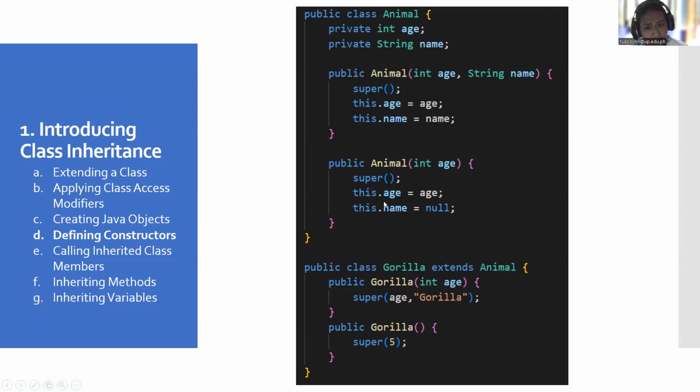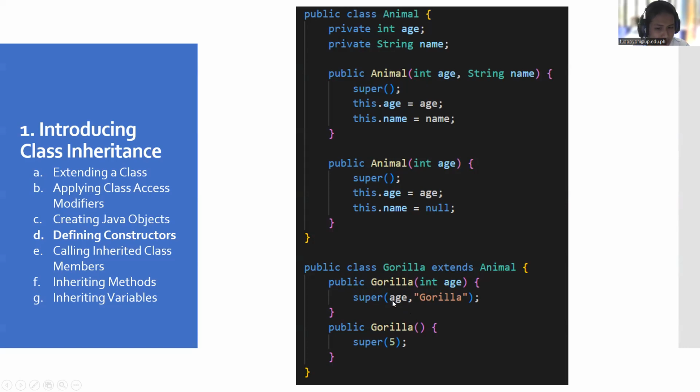So if you have another class, for example, here, Gorilla, it extends Animal. So this inherits the parent class Animal. This is the child class now. It has this constructor, which has a parameter int age. So this just passes it to the superclass. So this calls the super method, which is the constructor of your Animal.